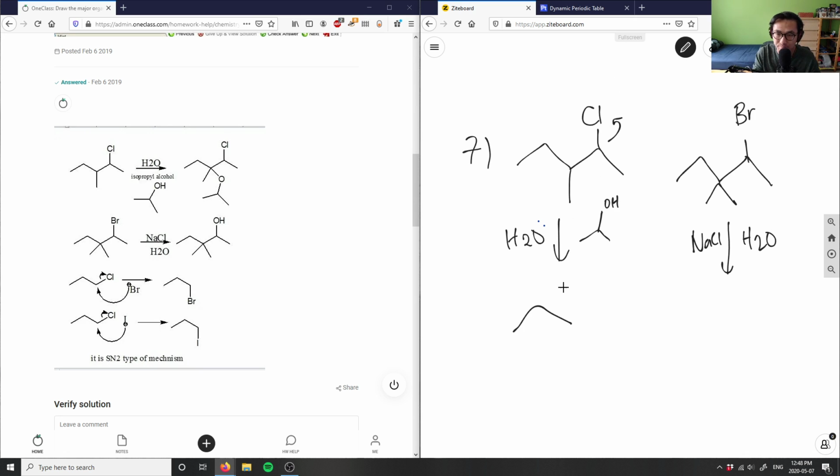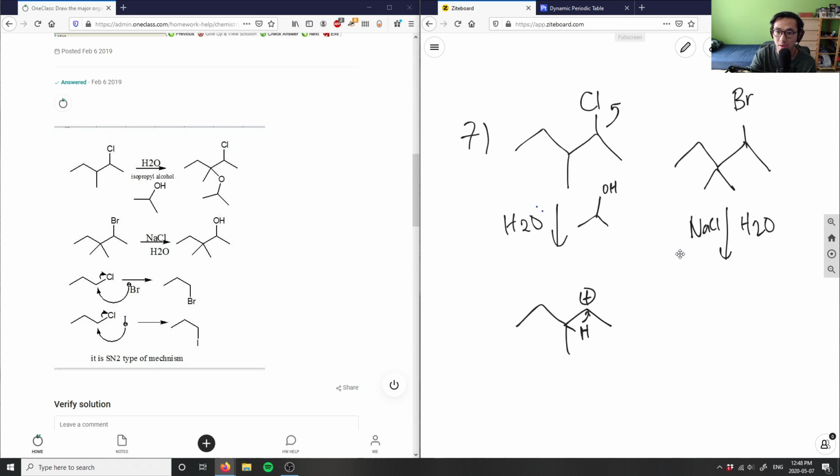So I'm going to get something like this. I'm going to get a positive charge like so. And what it's going to do is something called a hydride shift, right? I have one hydrogen here, and it's going to come and swap places with this carbocation.